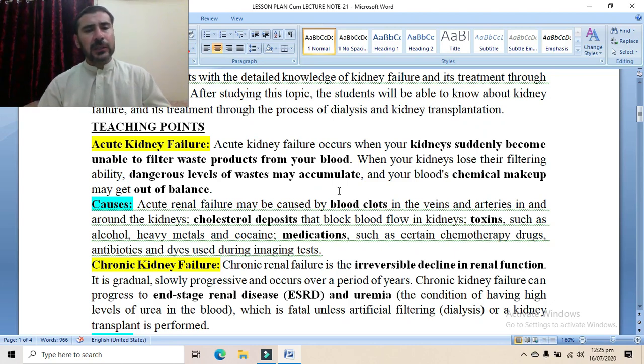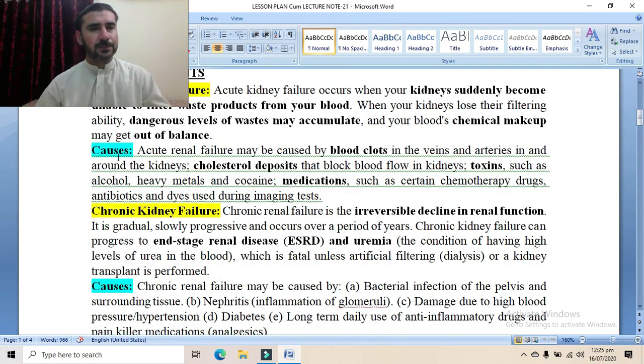Whenever these waste products accumulate in the blood, it will ultimately change the chemical makeup of the blood. And whenever this blood with a different chemical makeup reaches various tissues, it will further create various other complications. Now, what are the main causes of acute renal failure?